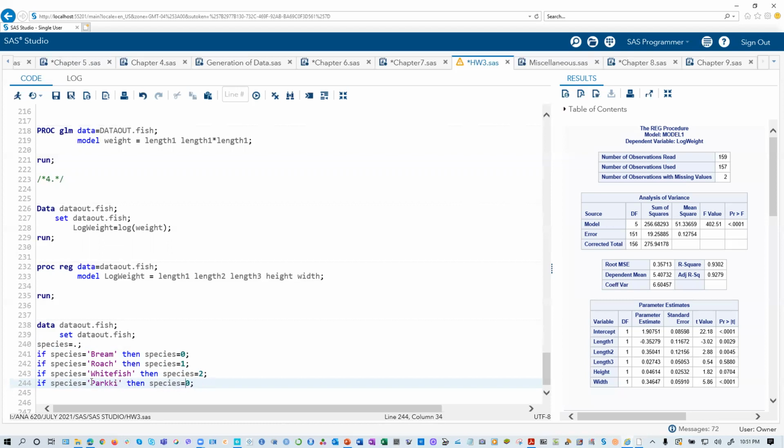Say 2, 3. Bird. What's the other one? Pipe.